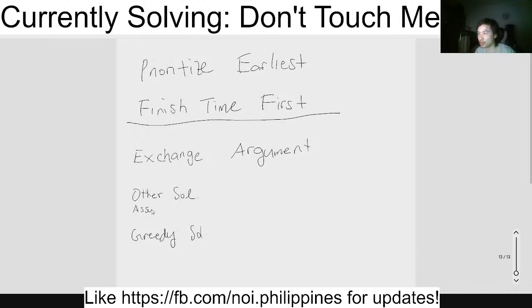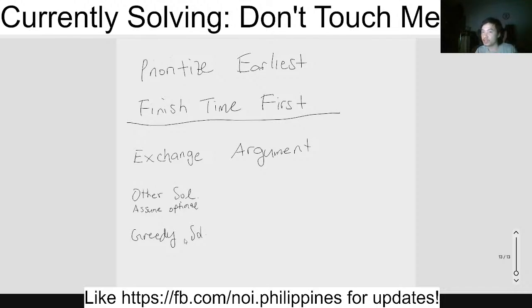Assume optimal. And then here's what we're going to do. We're going to slowly exchange the greedy solution. We're going to slowly modify the greedy solution so that it looks more and more like that other solution that we said was optimal.